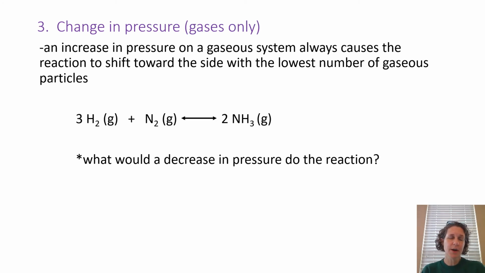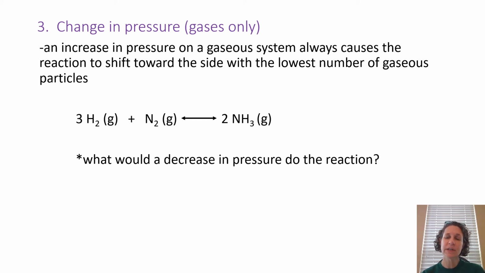Okay, so now change in pressure. This is only going to apply to systems where all of your components are gases. When you increase the pressure on a gas system, it will shift towards, or favor, the side of the reaction where you have the lower number of gas particles.